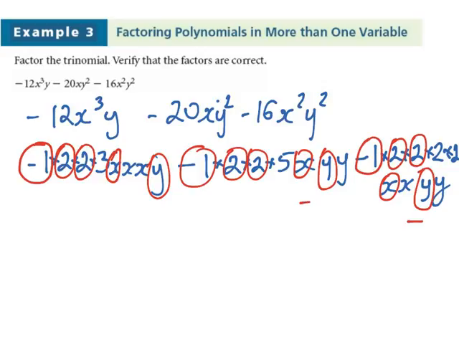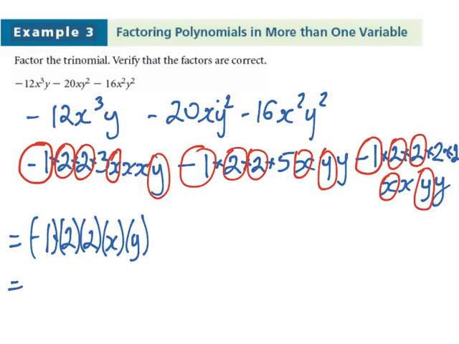So let's recopy that greatest common factor of negative 1, and I'm going to use brackets as multiplication, x and y. So if we bring those together, negative 1 times 2 times 2 is negative 4xy. So this is our greatest common factor. So what's left? I'm going to use a bigger bracket. We have a 3 and x times x. Notice now everything's positive because we got rid of that negative.